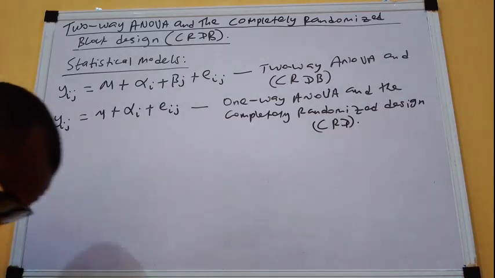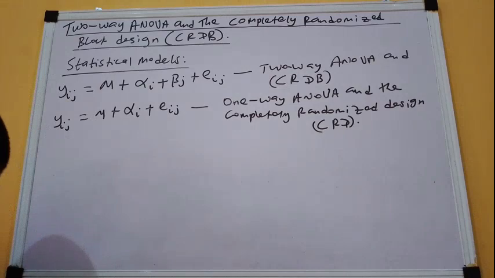The factor itself is categorical, but the responses are numerical. That makes it a parametric test. We use variances to test for equality among means or averages. So today we are looking at the two-way Anova and the completely randomized block design.